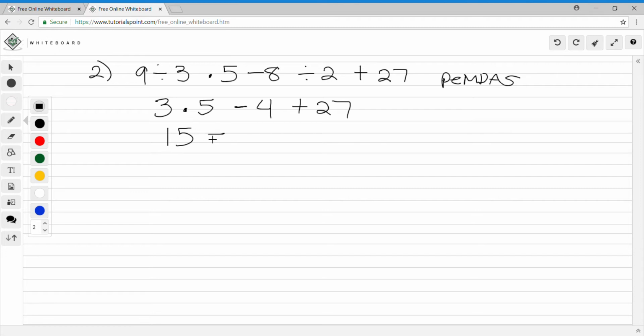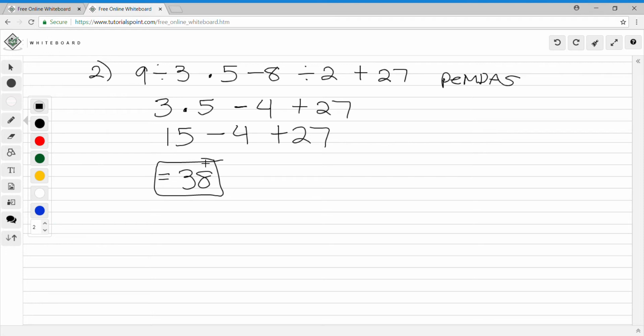Bring down that minus 4, then plus 27. So I could do subtraction first or addition, it doesn't really matter. So I'll do 15 minus 4. If you do 15 minus 4 plus 27, you should get positive 38. And that's your final answer.